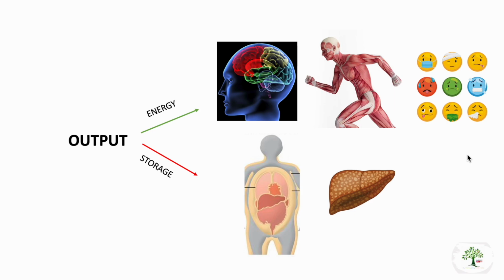Now, input and output, as you can tell, is meant to be very simple here. Storage is the other place that the body will put all of this energy. If we're not going to use the energy, the body can't just get rid of it right away, so it's going to try to store it. So the alternative is getting the energy into a storage state.